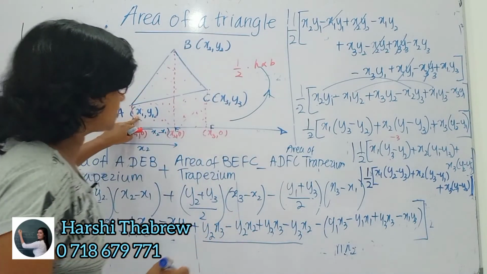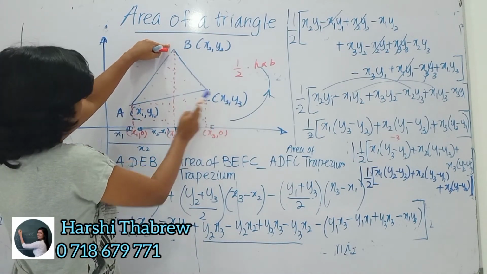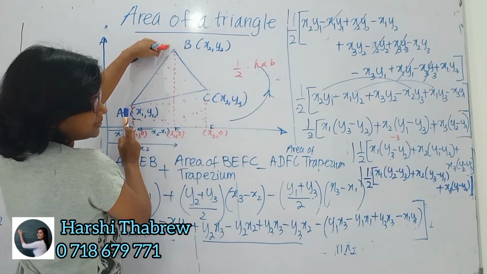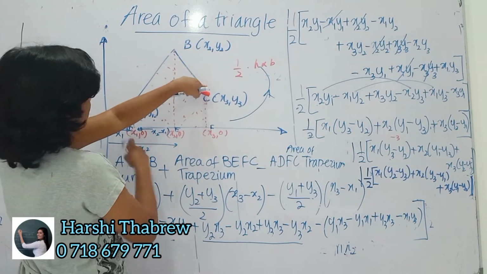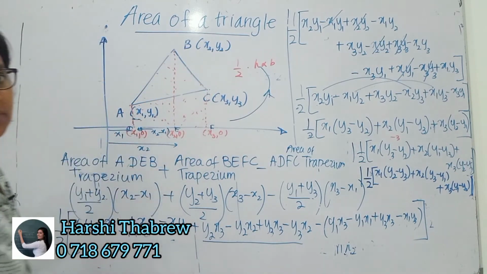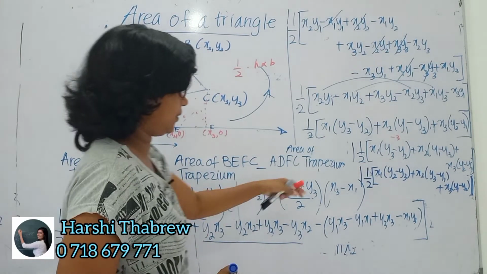x1 times y2 minus y3, x2 times y3 minus y1, x3 times y1 minus y2. Right? It's easy to remember this formula.